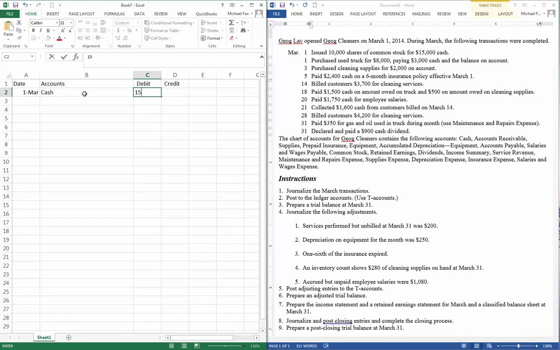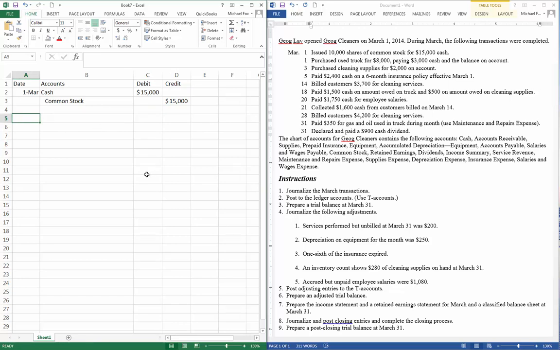Cash account, 15,000, and common stock account, 15,000. Whoops, not 1,500, 15,000. These little pound signs are Excel's way of telling you the number is too big for the column, so you just have to expand the column a little bit.